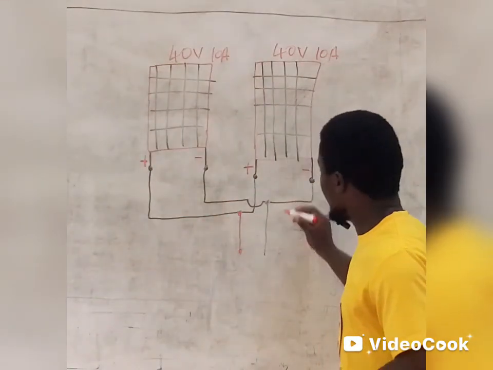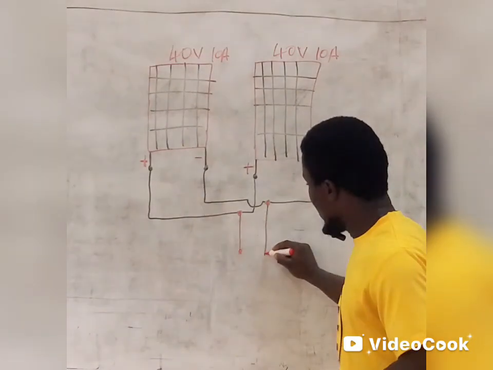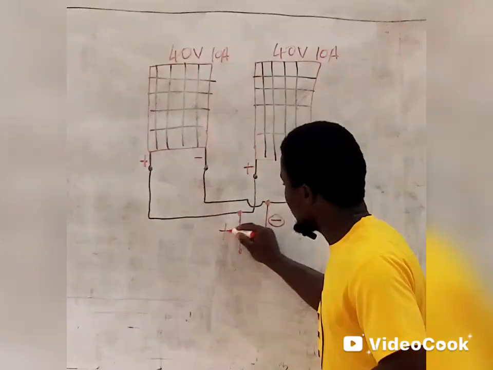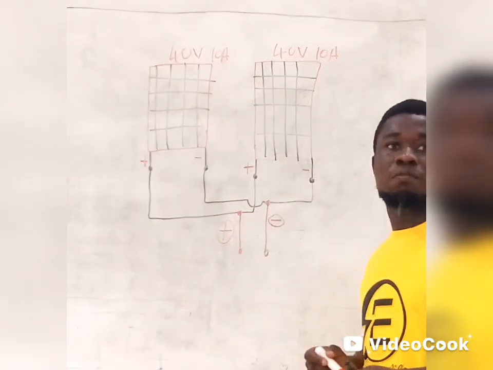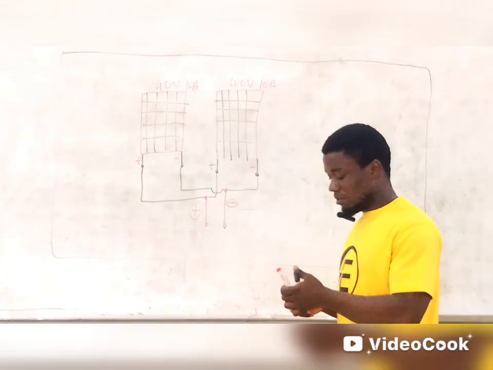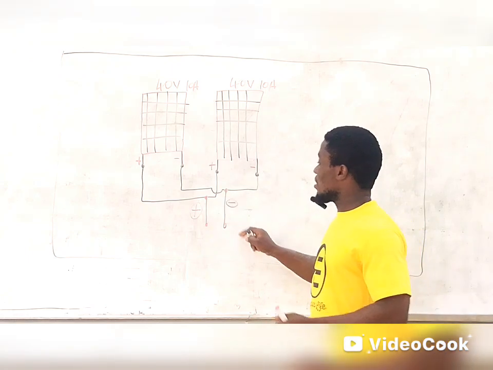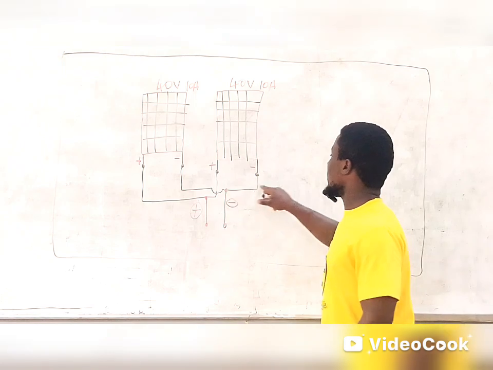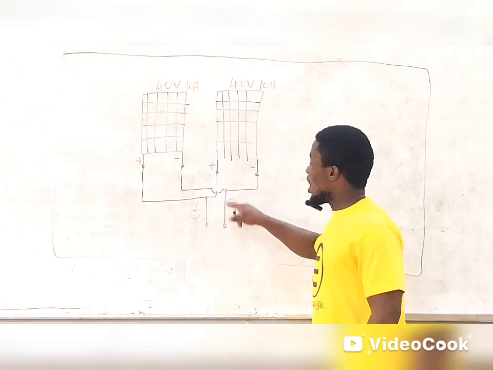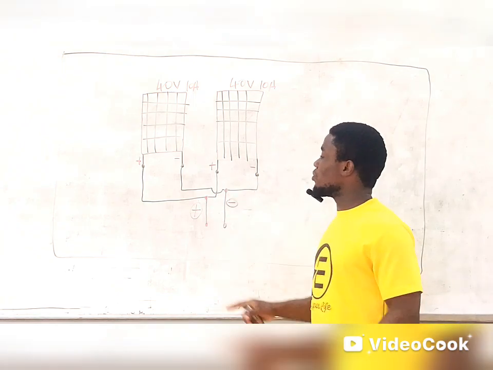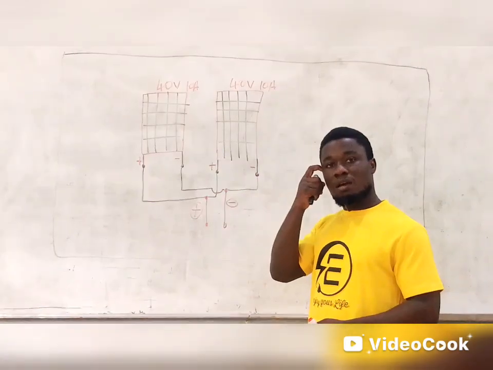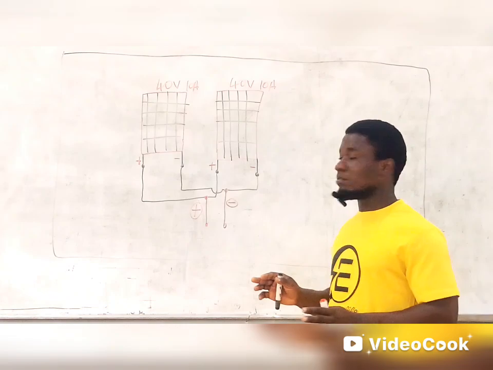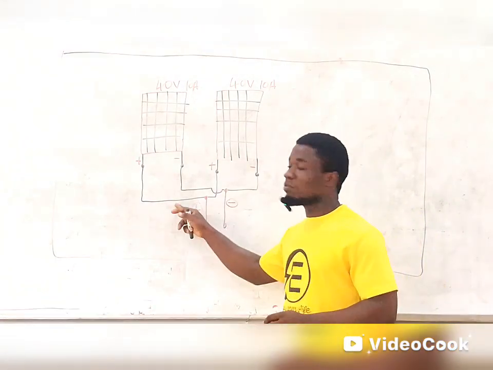This is a positive output and this is a negative output, whenever you parallel a solar panel. So this is positive connected to positive, negative connected to negative. And we can pick our outputs from any point when a panel is connected in parallel.